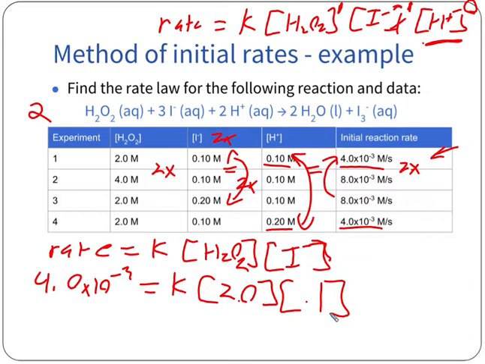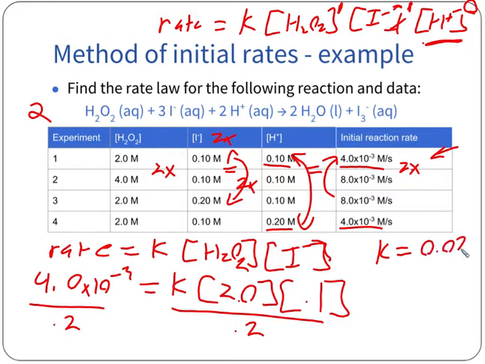Now we just got to solve for K. 2 times 0.1 is 0.2, so let's divide both sides by 0.2. And when I do that, let's see, what do you end up getting? I end up getting right at 0.02 is what I get for K, the rate constant.